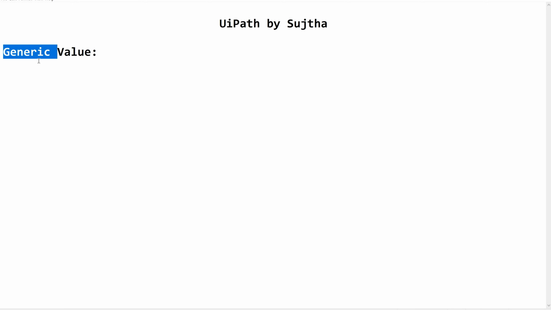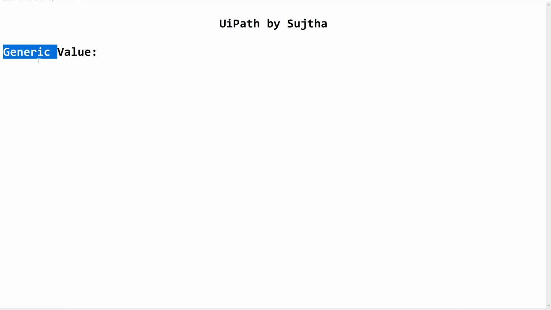Say I'm capturing some data from an API, or from an element, or from an activity such as a user input dialog. I don't know which kind of data I might receive. I need to capture the data and store it in a variable, but I don't know which data type it might be.